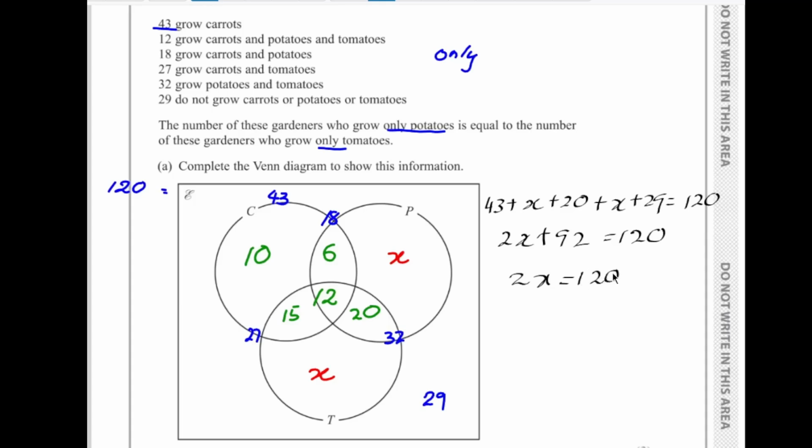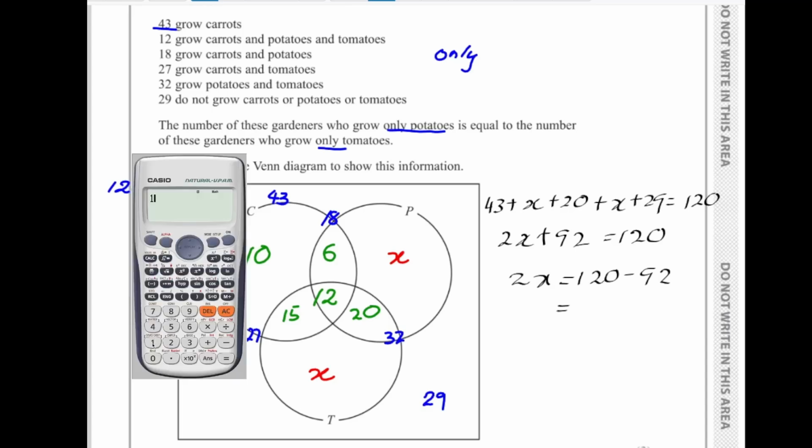120 minus 92 becomes 28. After that, x equals 28 divided by 2, which becomes 14.